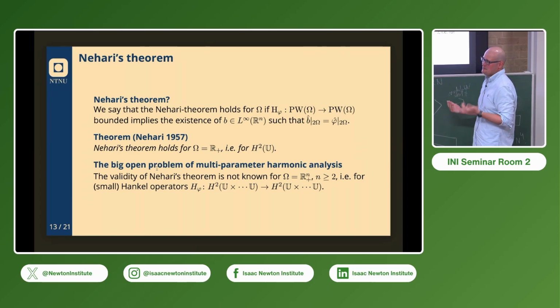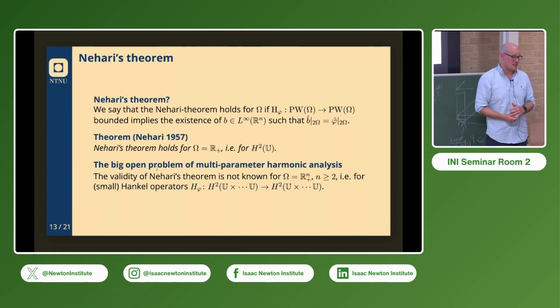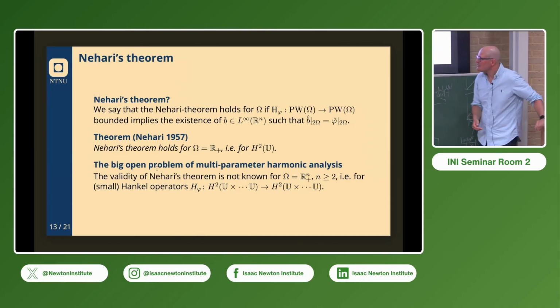A lot of results were built on that. But then around 5-6 years ago, someone found a very fundamental flaw in this proof, and so it's been an open problem ever since.